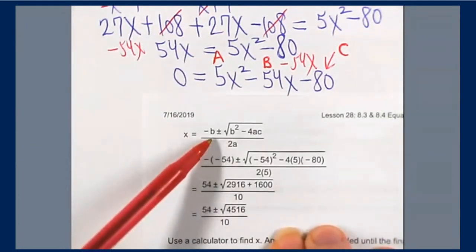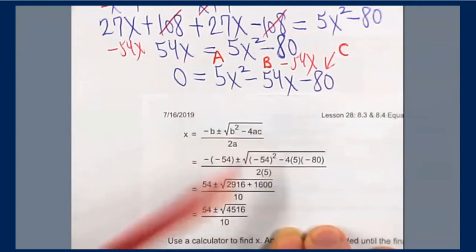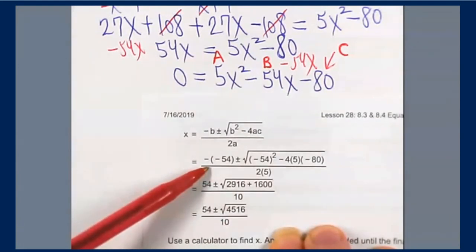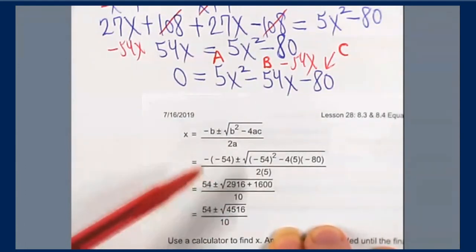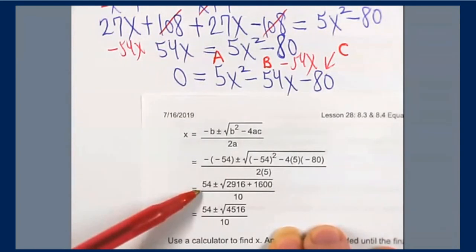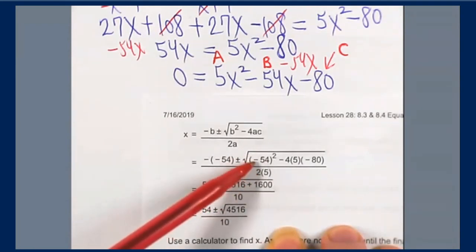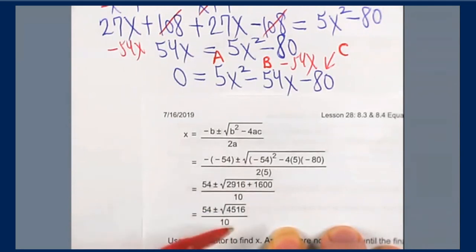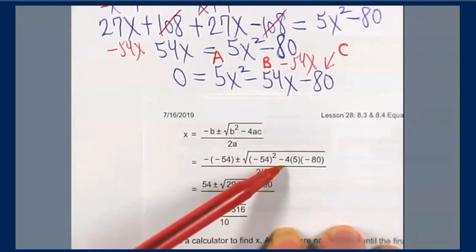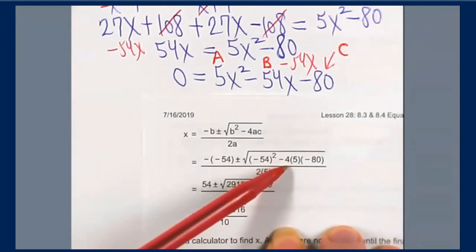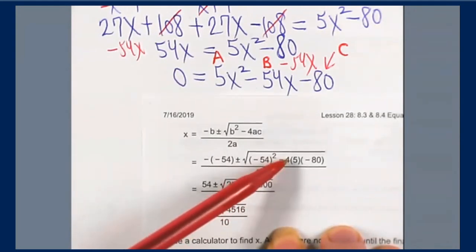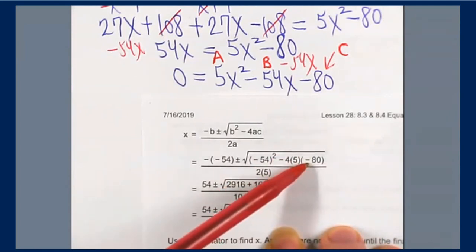The quadratic formula's b is negative, and our b is negative, so we have a double negative happening in the front. So that changes to a positive 54, plus or minus the square root of b squared, which is negative 54 squared, minus 4 times a, which is 5, and times c, which is negative 80.